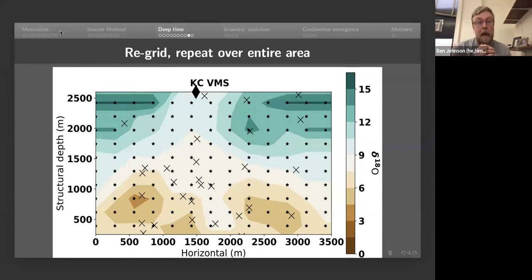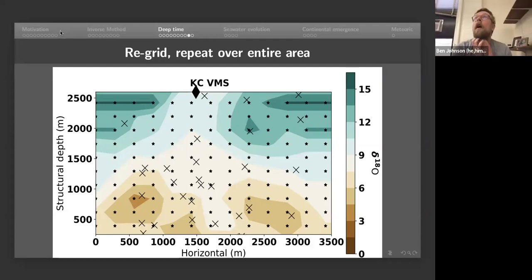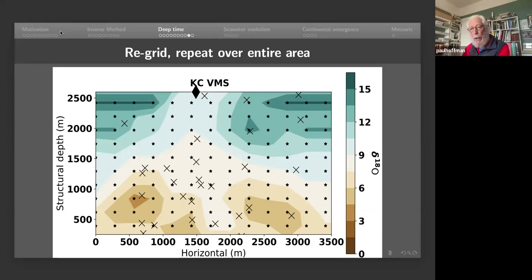That's also possible. But yeah, I think that's a good point. And it raises the question as to whether it's the emergence of the continents that causes the change, or a change in the volume of seawater. In the Archean, it may have been that the oceanic and the continental crust were not so very different in thickness.